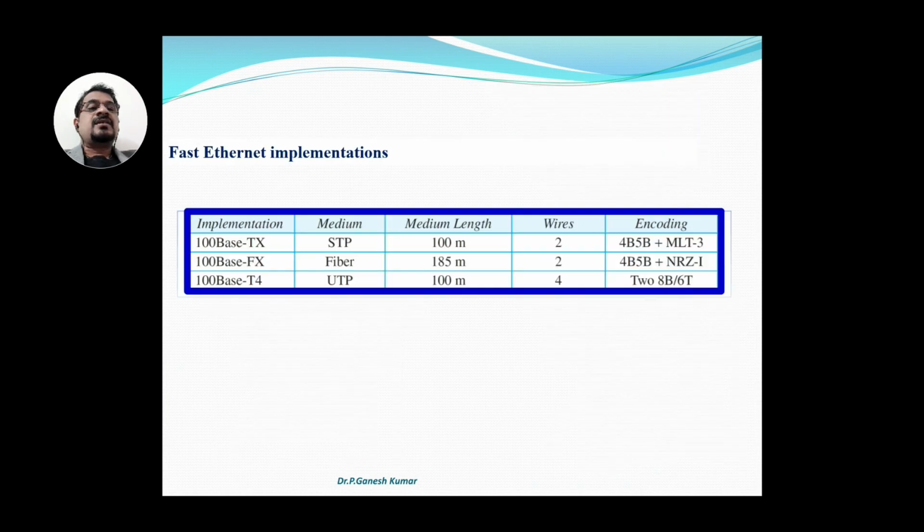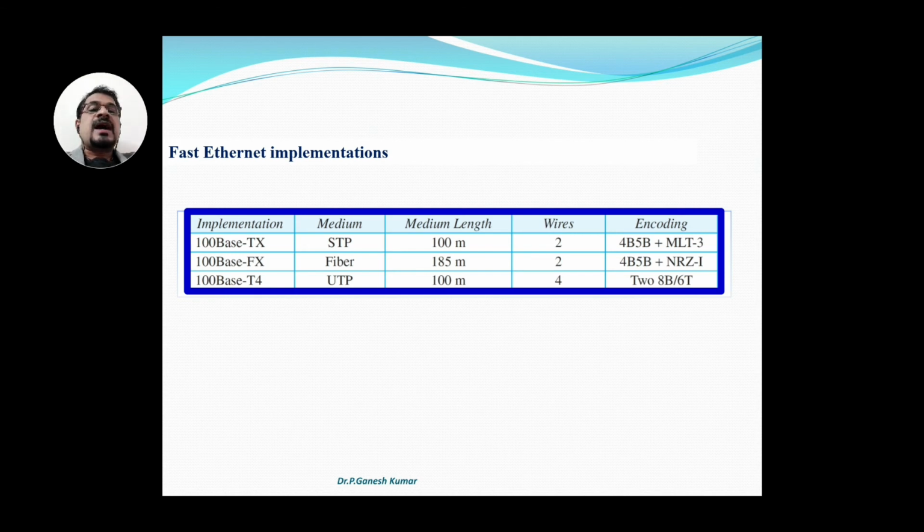So the fast Ethernet implementations are: 100 Base-TX, where shielded twisted pair cables are used. The maximum length is 100 meters. When compared to standard Ethernet, the distances are less, but at the same time the speeds are increased and the collision domain is higher. 2 wires are used, with 4B5B plus MLT-3 encoding. In the same way 100 Base-FX uses fiber optic cable with 185 meters and 2 wires.